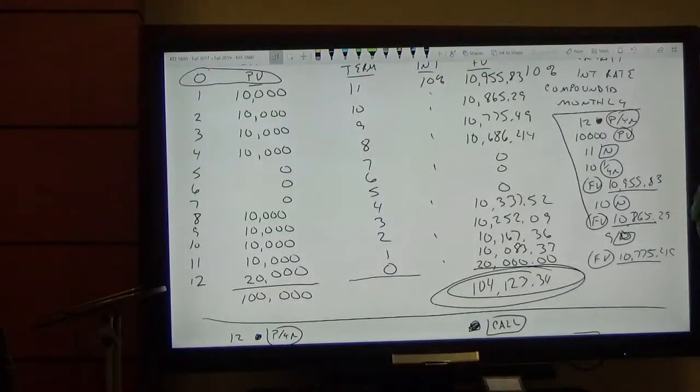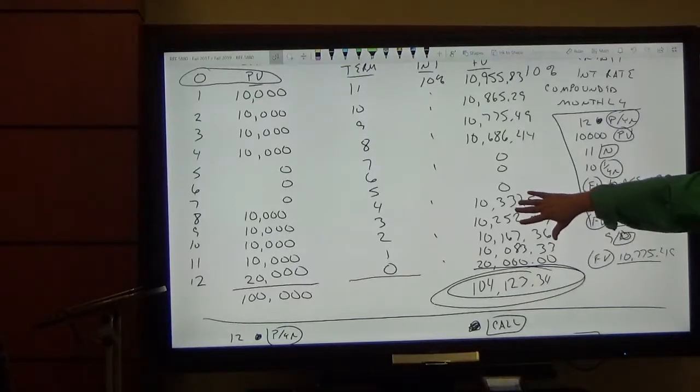So at this point, once the project is basically complete or pre-leased, we have to get a takeout commitment from a permanent lender that is different in many cases than our construction lender.